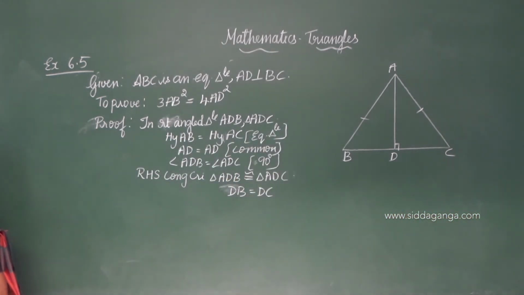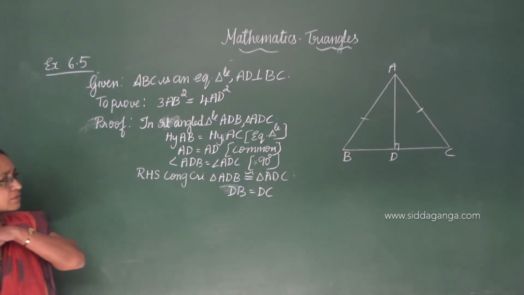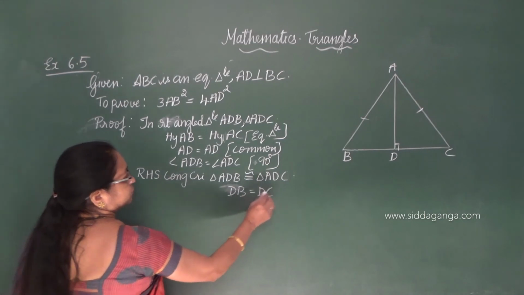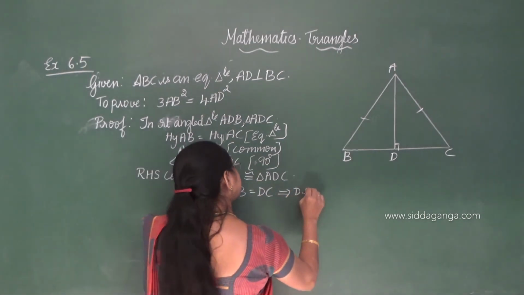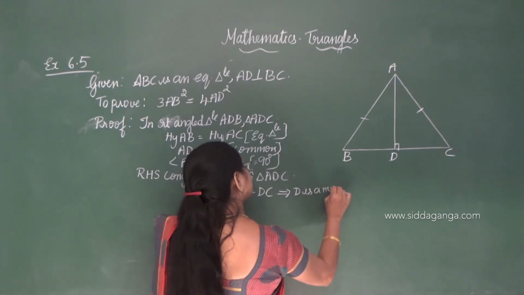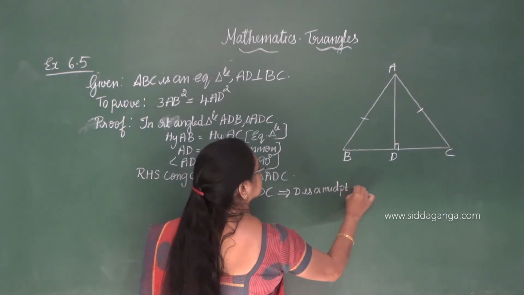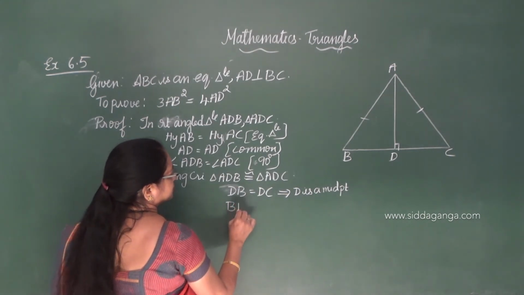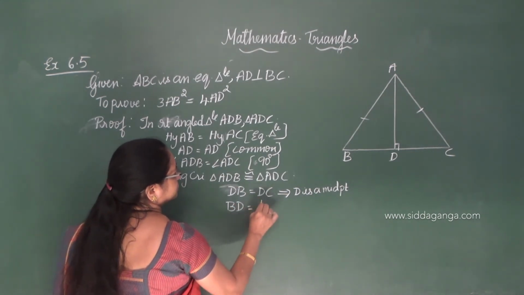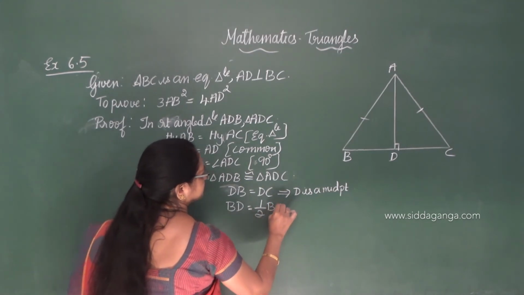Now, or what we can say, D is a midpoint. That implies D is a midpoint. So that is nothing but BD or DB is equal to half of BC.